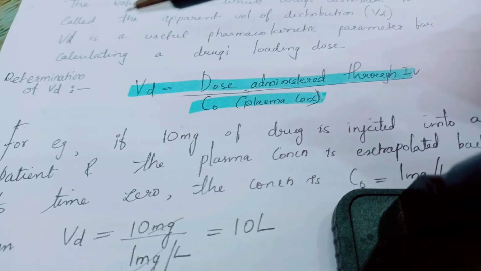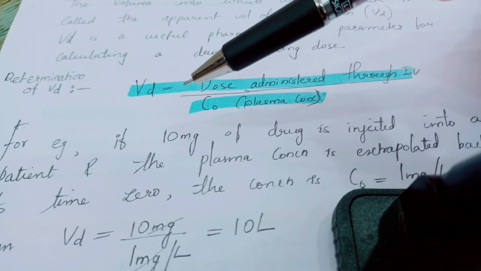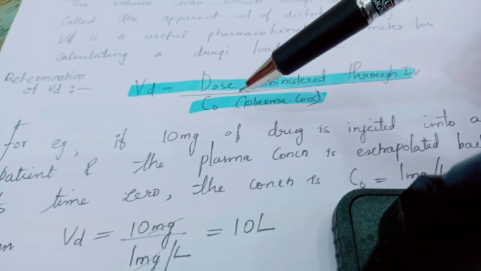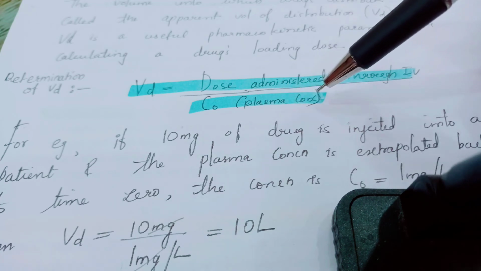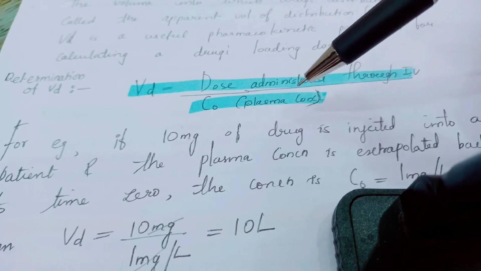Now, how do we determine this VD? Apparent volume of distribution is equal to the dose administered through IV divided by C0, the plasma concentration. This is the basic formula for calculating the apparent volume of distribution.